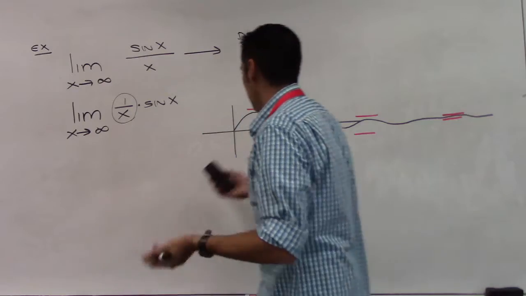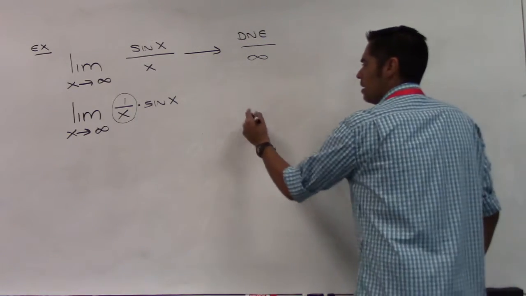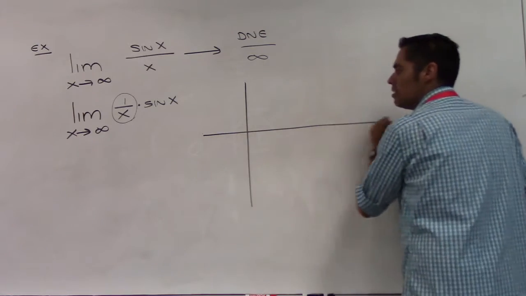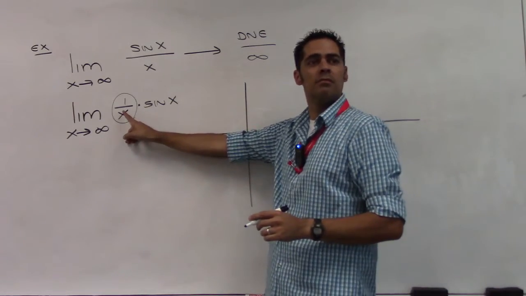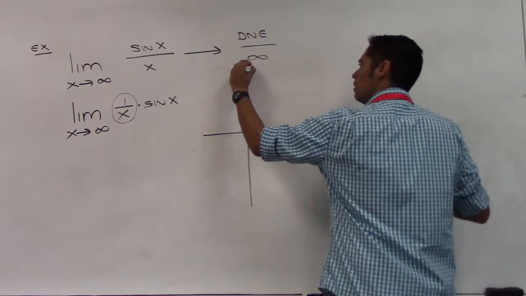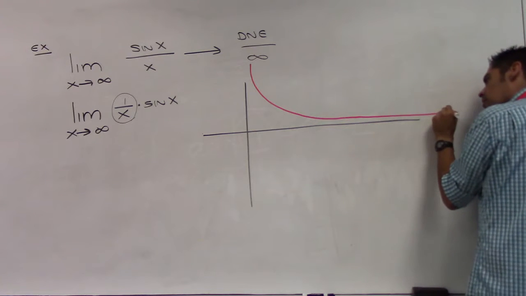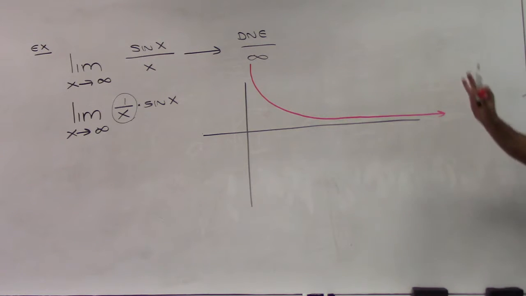Another way to look at it, I don't want to bore you with this, but another way to look at it is this. If you look at just the graph of 1 over x, it looks like this. That's what 1 over x is, it's supposed to get asymptotically closer, right? That's 1 over x.